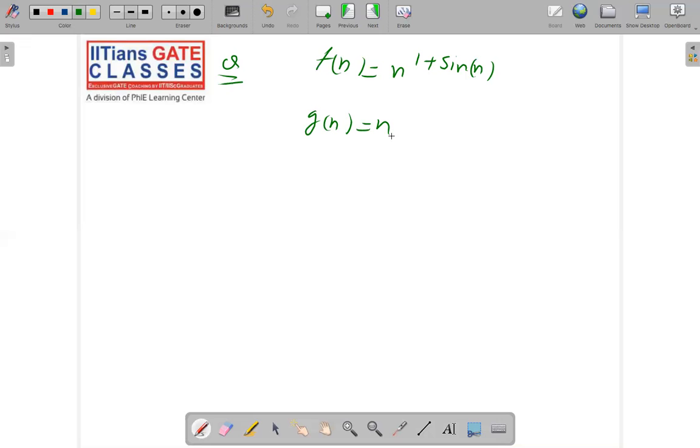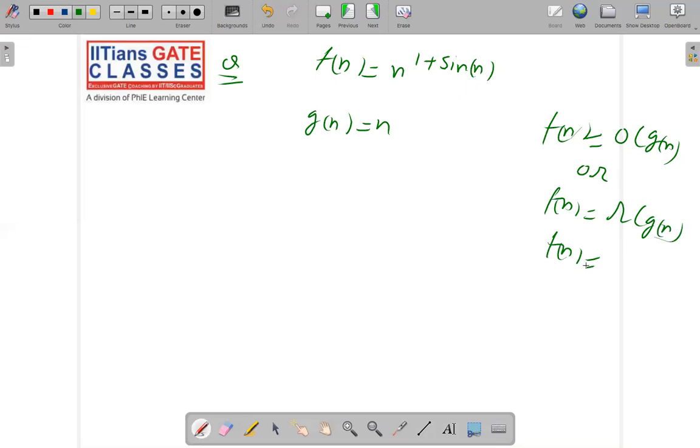Can we say what the relation between them is? Is it Fn equal to order of Gn, or Fn equal to omega of Gn, or Fn equal to theta of Gn, or any other relation we can state between these two? So let's make a table of n, Fn and Gn.